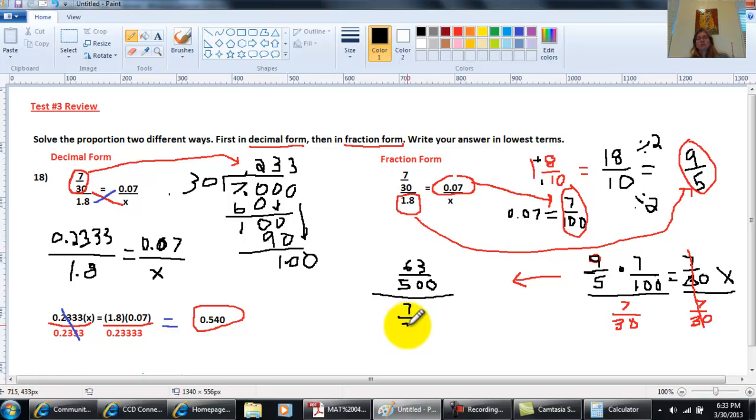You have to now change this whole thing to a division problem, and I'm going to say 63 over 500.